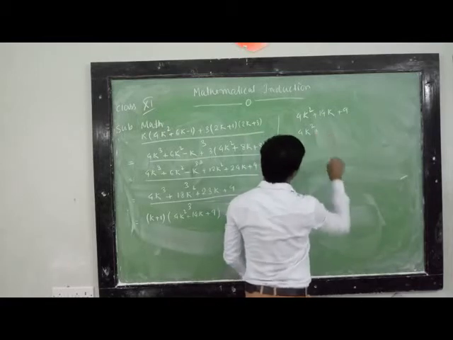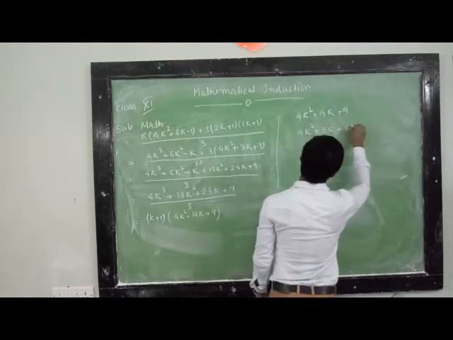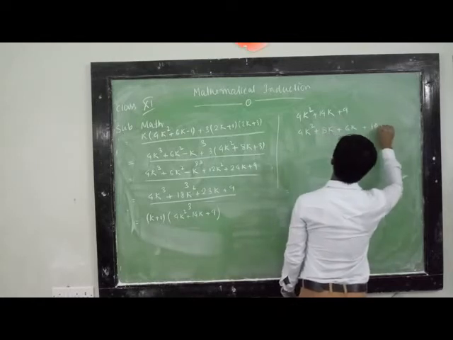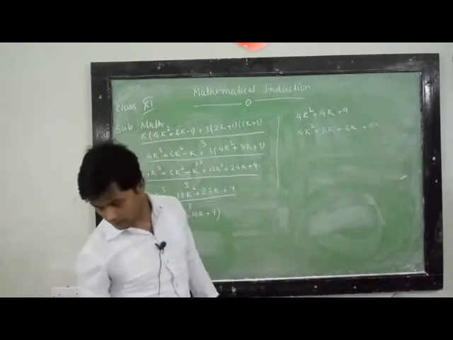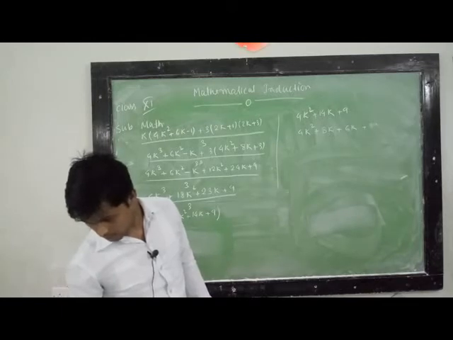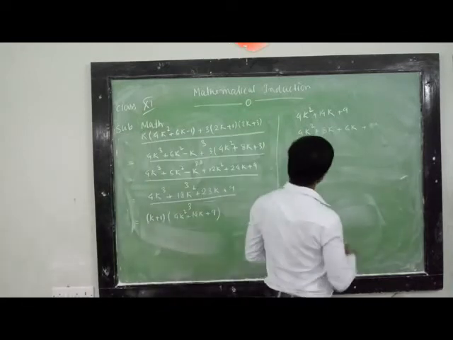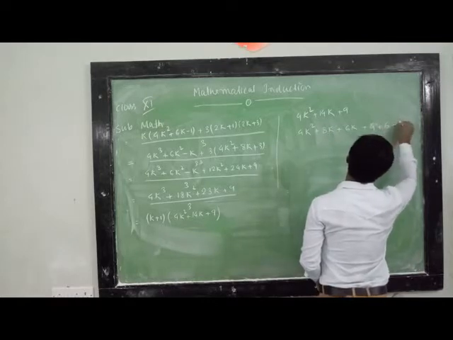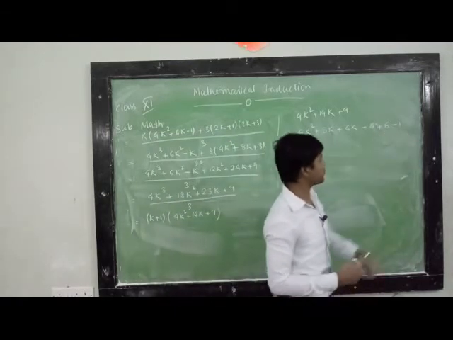Now 14k can be written in the form 8k plus 6k, and 9 can be written as 4 plus 6 minus 1. See, we can represent 9 like that, 4 plus 6 minus 1.